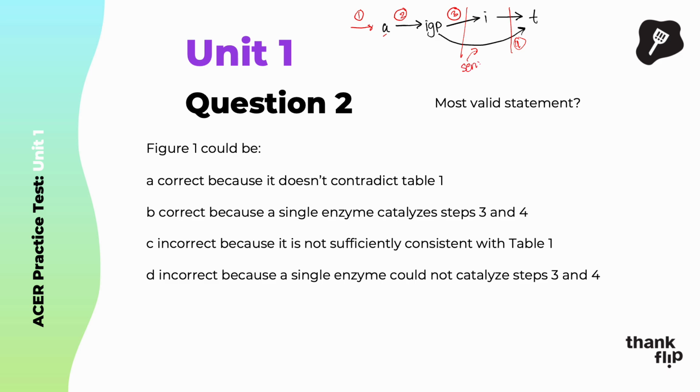We have serine. Okay? So, like I said earlier in the previous question, because all of the mutants can grow on tryptophan supplemented medium, that means tryptophan is likely at the end of the pathway. Because when these mutants have tryptophan, they don't need anything else.